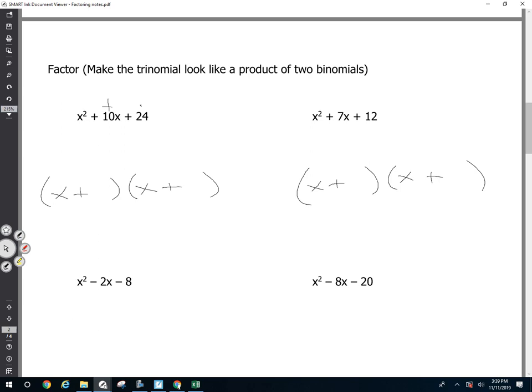Let's do the first two and check with your neighbors. Write it down as a factored form.